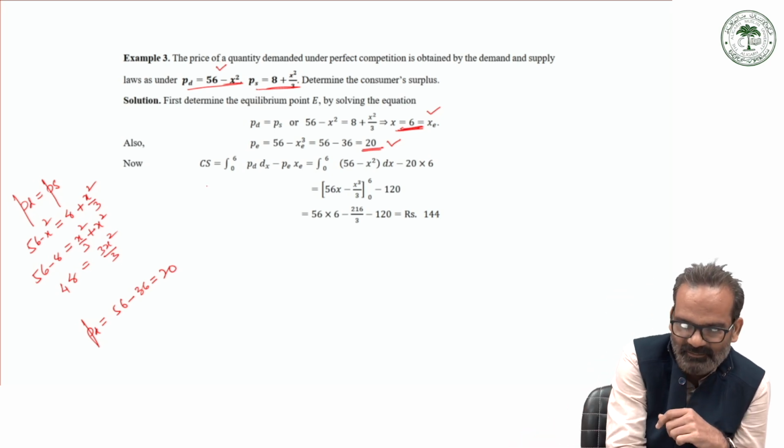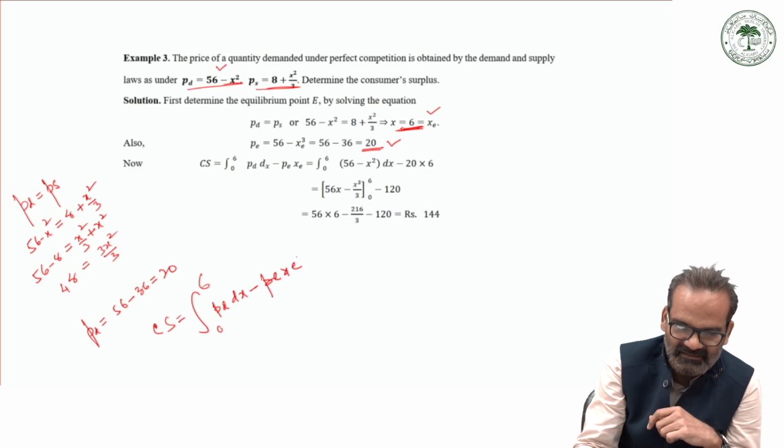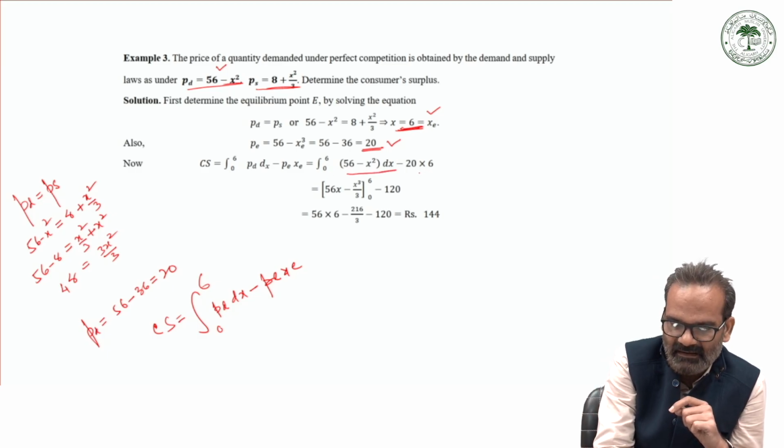So the consumer surplus is given as the integral from 0 to 6 of PD dx, right? This is the demand function PD, and this is dx, minus PE into XE. PD is 56 minus x square, so the integral from 0 to 6 of 56 minus x square dx, minus 20 into 6.